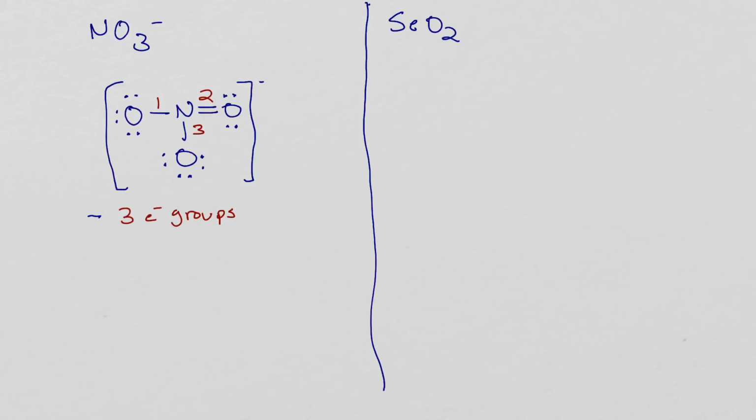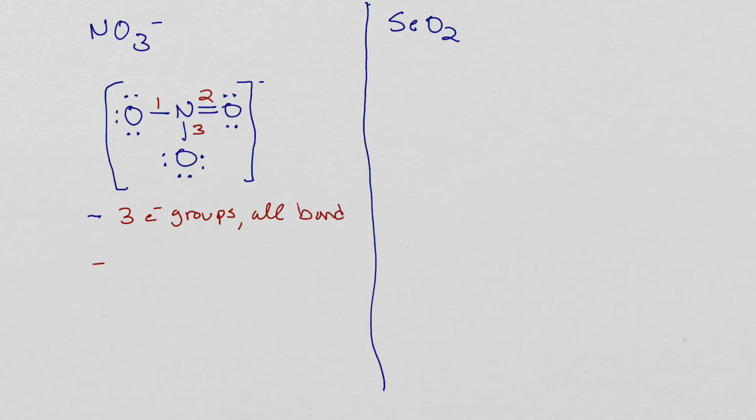And referring to our table, we see that if we have 3 electron groups, we have 2 choices, right? If they're all bonds, it's going to be a trigonal planar. If we have 2 bonds and 1 lone pair, it's going to be a trigonal planar shape, but an actual bent geometry. So in this case, all 3 of them are bonds.